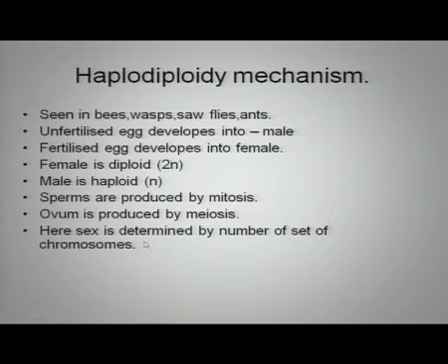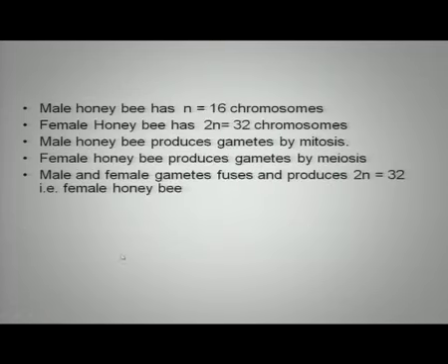So here, in the case of honeybees, in the haplodiploidy mechanism, sex is determined by the number of sets of chromosomes. The male honeybee has the chromosome number n equals 16, haploid. The female honeybee has 2n equals 32 chromosomes, that is diploid.